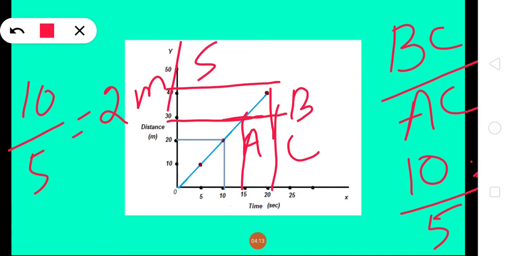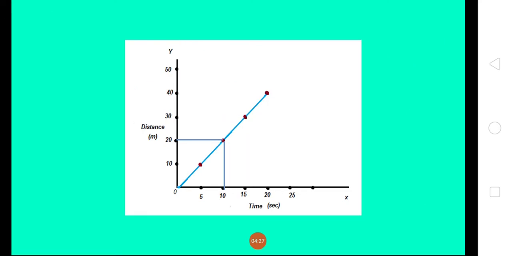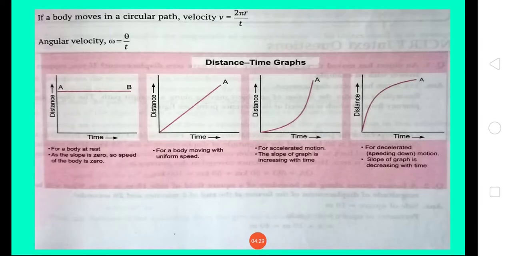So this gives the speed of the moving object. So the slope is BC by AC, 10 by 5, and we have calculated the speed as 2 meter per second. I hope it was clear.